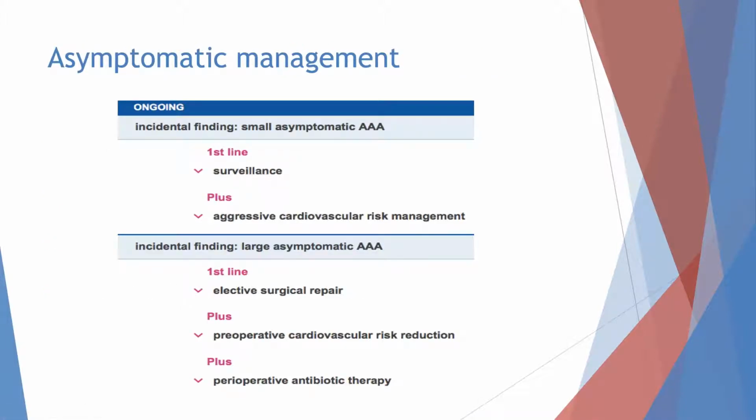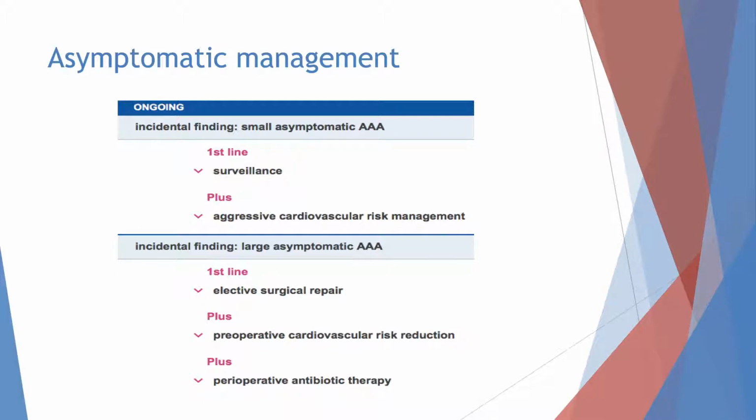Just to recap then, if you have an asymptomatic aneurysm and it's found to be less than 5.5 centimeters, then you'll undergo regular surveillance, and you'll also have your cardiovascular risk factors managed with medications. That'll be things like statins to lower your lipid profile, and also antihypertensive medications to manage any hypertension.